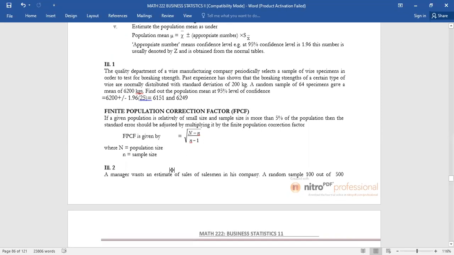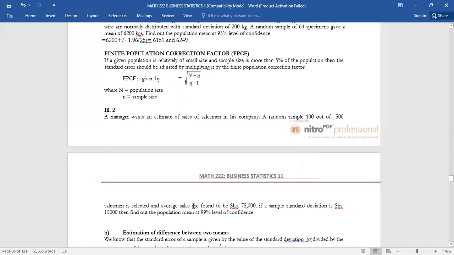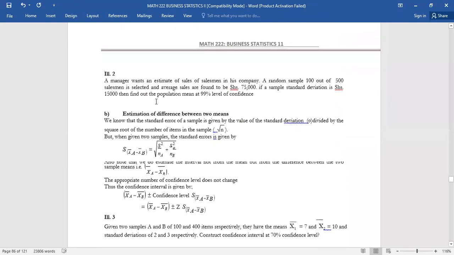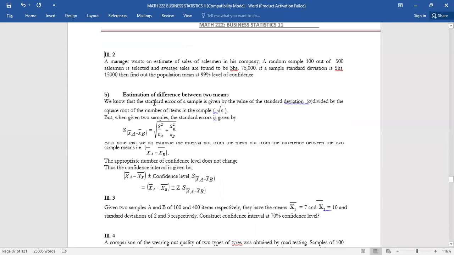Let's see an illustration here, let me take it to the next page. A manager wants an estimate of sales of salesmen in his company. A random sample of 100 out of 500 salesmen is selected, and the average sales are found to be 75,000.